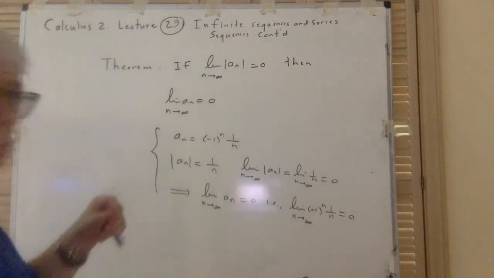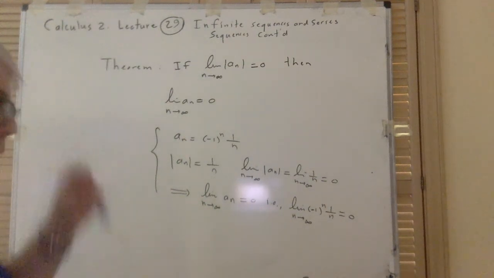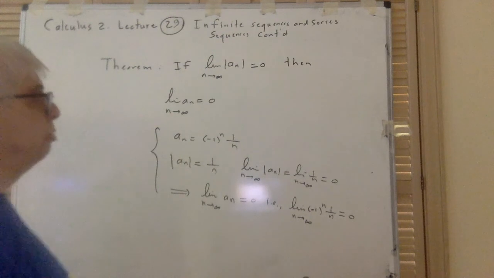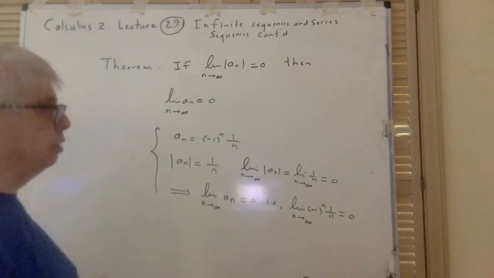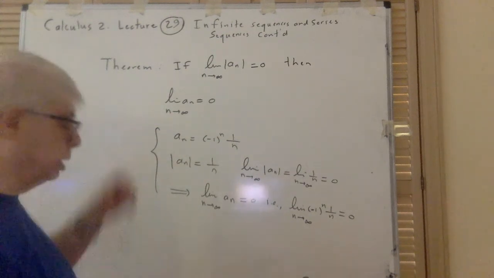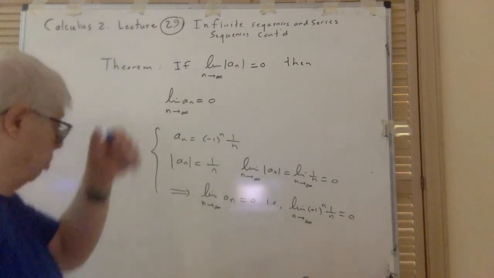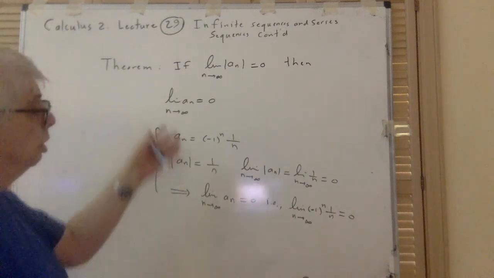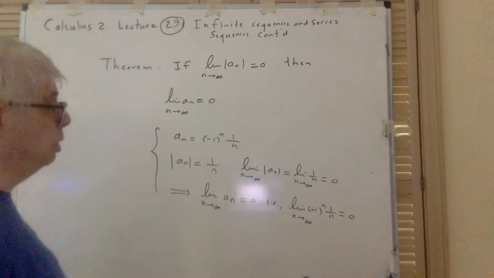I mentioned this one, and I showed you a picture that it goes up and down above and below the x-axis, but eventually it gets closer and closer to the x-axis, and the limit is 0. But in fact, to prove it, we can use this theorem.